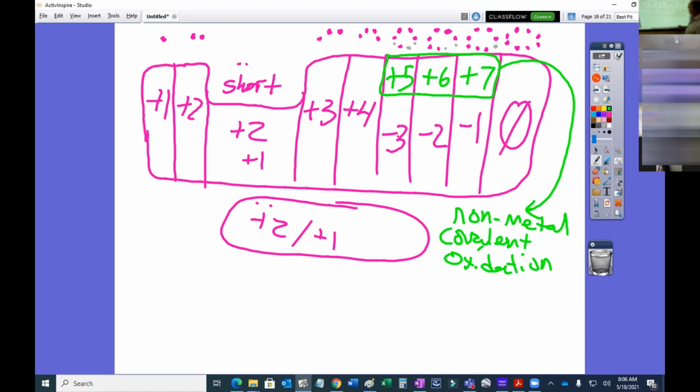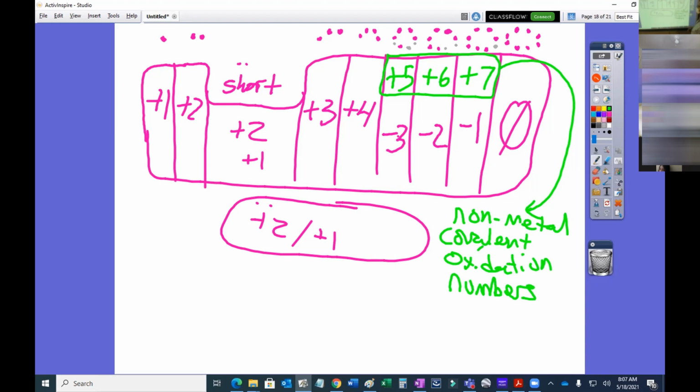They're sharing them. So non-metal covalent oxidation numbers. But you'll notice the trend just continues, counting the valence electrons. 1, 2, 3, 4, 5, 6, 7. So if you can understand that the +5, +6, +7 are not charges of ions. You're not going to see ions +5, +6, +7. That's just inside covalent bonds. Now we'll talk about it.